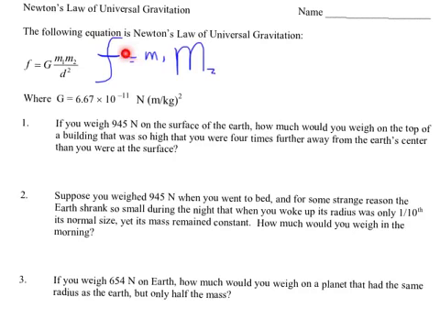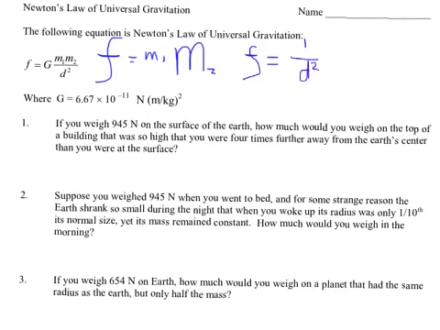This shouldn't be an equal sign. There's a direct proportion between the product of the two masses and the amount of force involved. But if you look, distance is an inverse function. It's in the denominator. So what that means is force is inversely proportional to the square of the distance between the two objects.